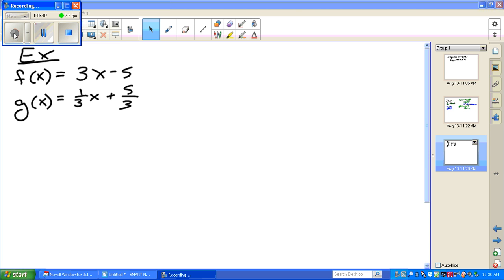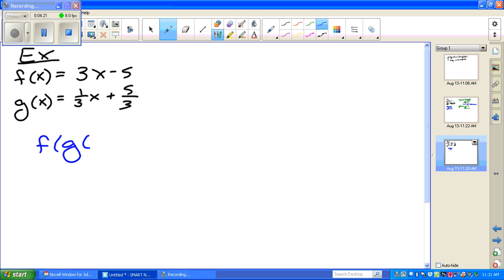So now I have the two equations, f of x equals 3x minus 5, and g of x equals 1/3 x plus 5/3. So I'm going to do the same thing as before. I'm going to compute f of g of x, and then I'm going to compute g of f of x. Now, even though we're working with fractions, it doesn't make it any more difficult. Some of our numbers might not always come out as nice, but it doesn't mean that our final result is going to be bad.